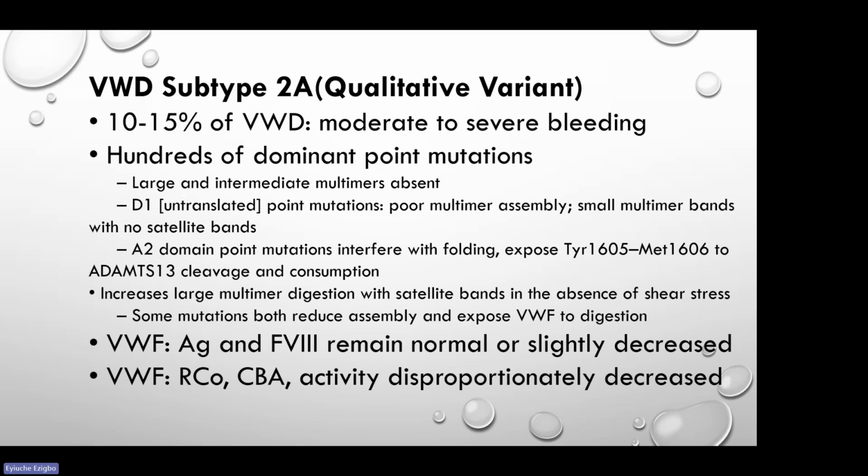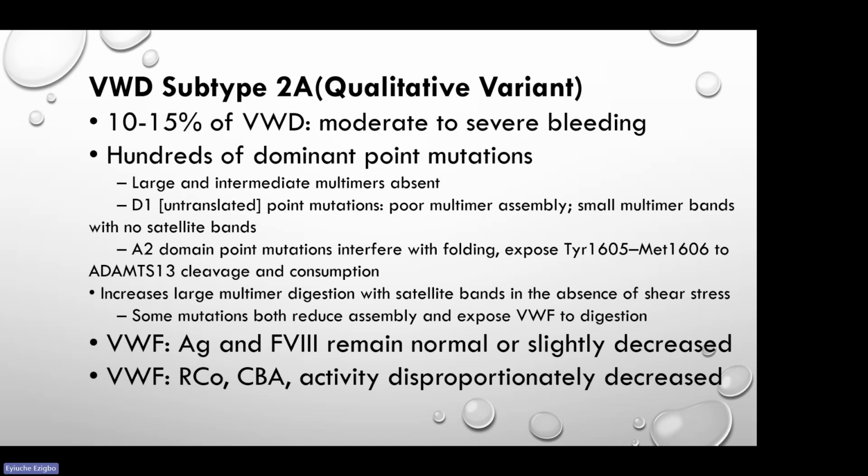For type 2A von Willebrand disease, there are mutations at the A2 domain, which interfere with folding, exposing this tyrosine-methionine sequence to ADAMTS13 for cleavage and consumption.